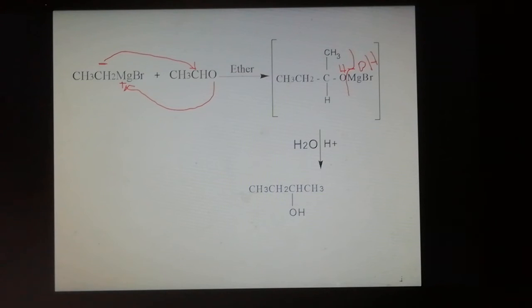The name of the product: a four carbon system, numbering 1. The second carbon contains one hydroxyl functional group, then the third carbon, fourth carbon. So for butane, a saturated compound, butan-2-ol is the name of the product.